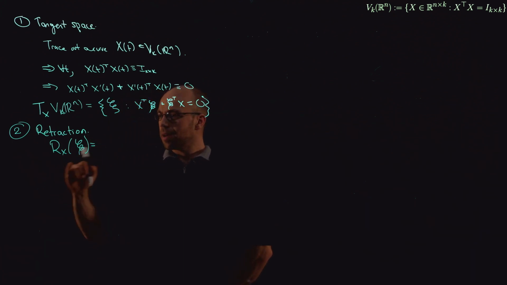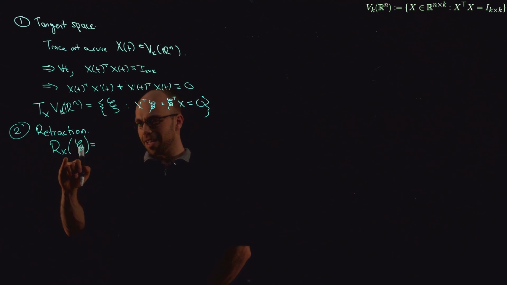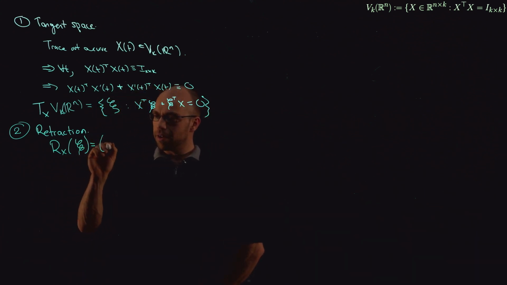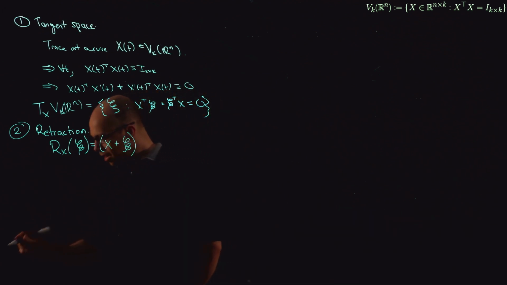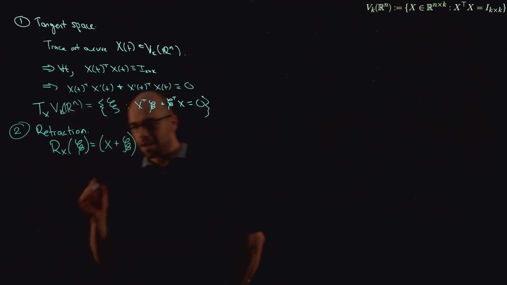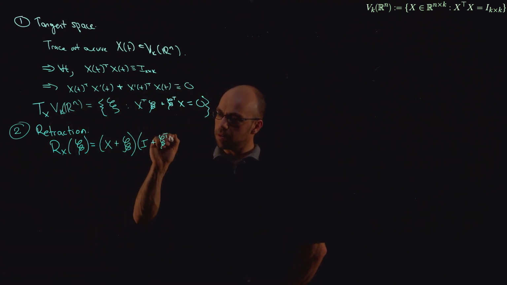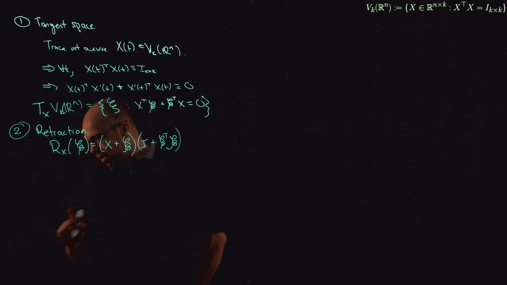The retraction at x is kind of like the exponential map, but it doesn't have to be the actual exponential map. In the Xi direction, we're going to define it to be x plus Xi times, I'm sorry, I'm looking at my notes, the identity plus Xi transpose Xi, all of this to the minus 1/2.